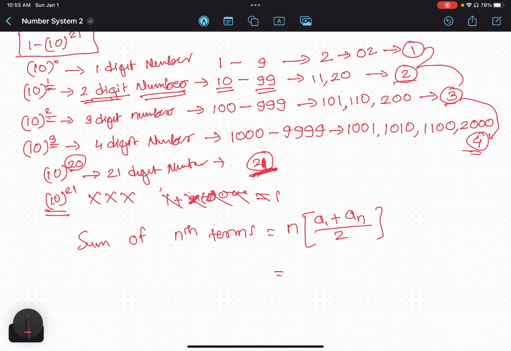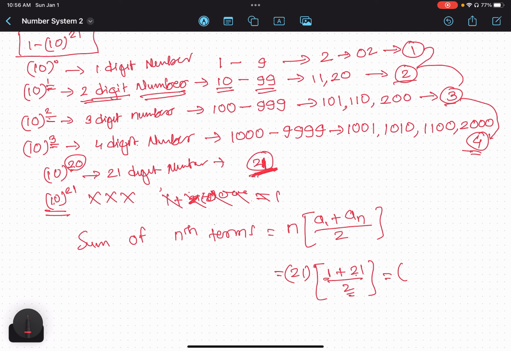We have completely 21 terms here. I will consider from 0 to 20, which gives 21 terms. Our first term was 1, and our nth term was 21, divided by 2. So 21 plus 1 becomes 22, divided by 2 becomes 11.